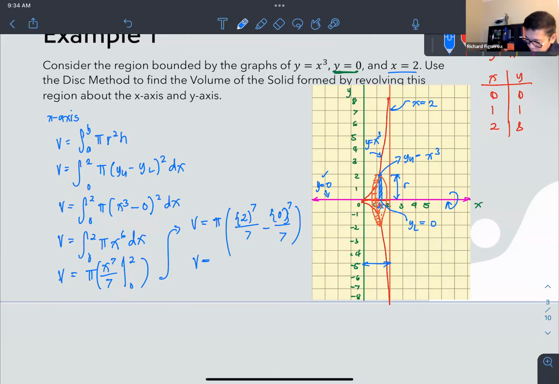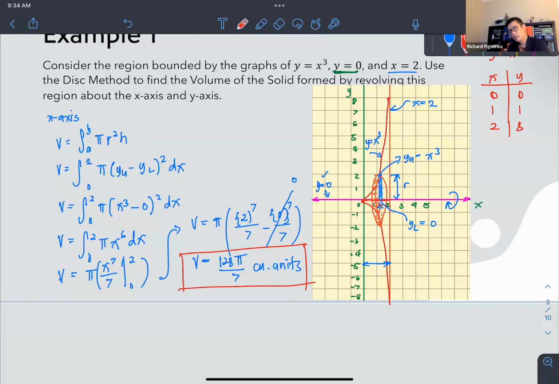So that makes this one 0. So 2 raised to 7 is 128, so the volume is 128 pi over 7 cubic units. So that's how we get the volume using a disk.